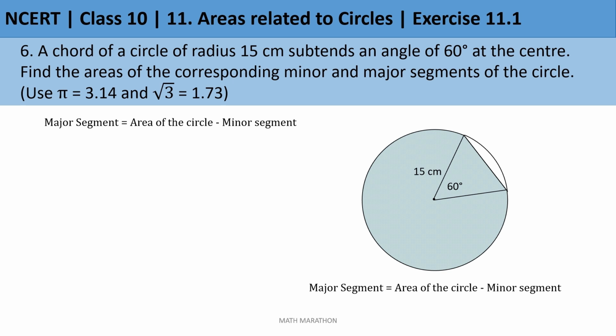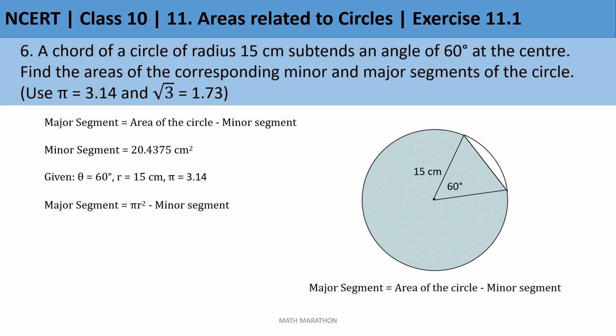Area of major segment is equal to area of a circle minus area of minor segment. Previously, we got minor segment is equal to 20.4375 centimeter square. We have the following information. Theta is 60 degree. Radius r is 15 centimeter. Pi is 3.14.